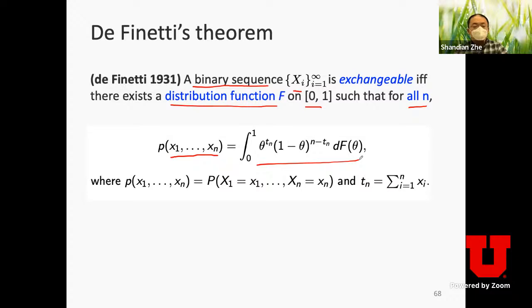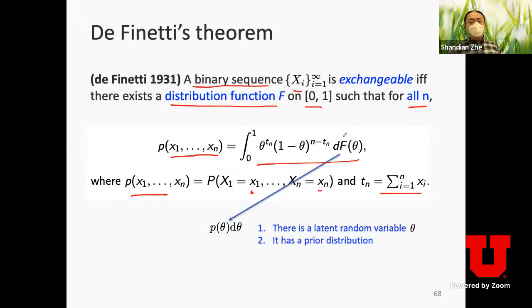Of course, the joint probability just means that the first random variable takes the value x1, the second takes x2, until the nth random variable takes xn. All those values are either 1 or 0. And Tn is the summation of all the outcomes, so it's the number of ones. This F is a distribution function, meaning a cumulative distribution function on 0, 1.